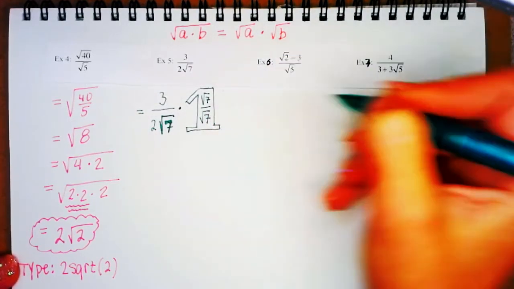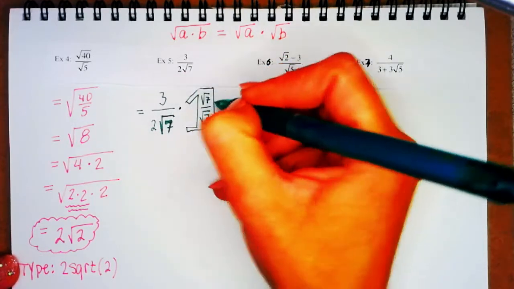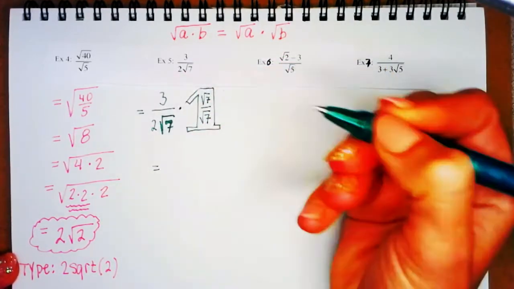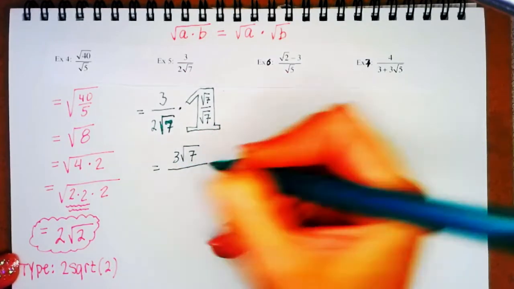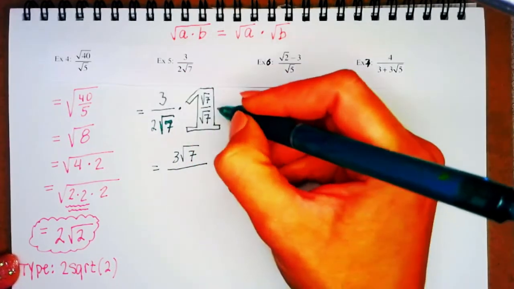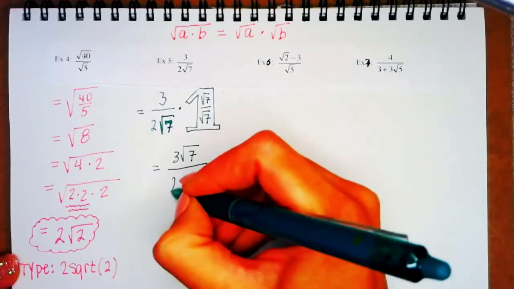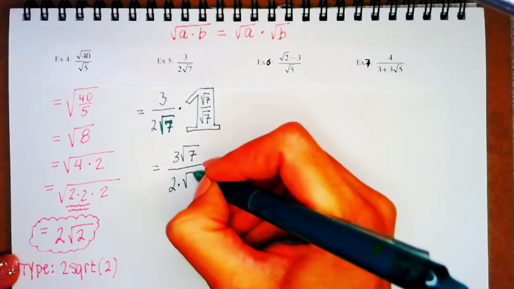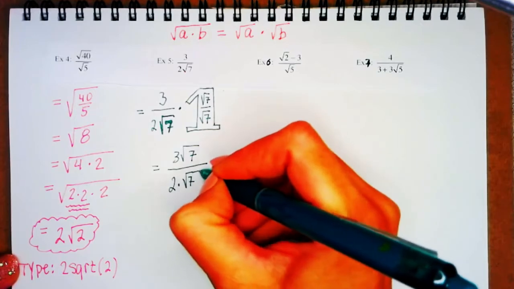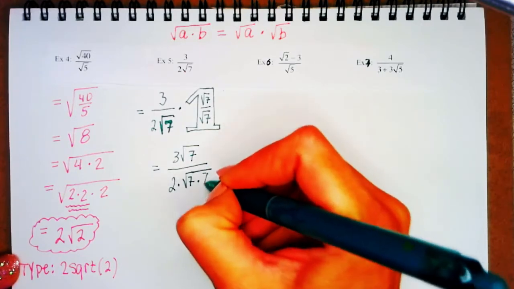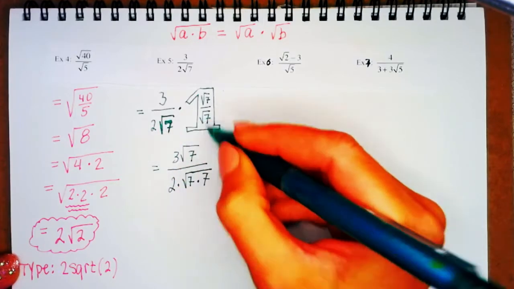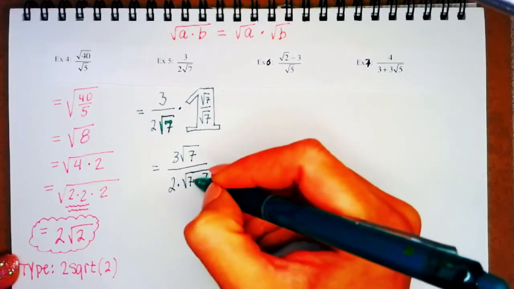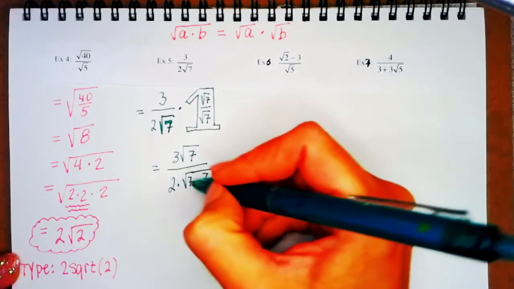That's no different. Now, what do I get in my numerator? Well, 3 times square root 7 is just 3 square root 7. Nothing to do there. In my denominator, I have 2 times the square root of 7 times the square root of 7, which is the square root of 7 times 7. The product of 2 square roots is the square root of the product, but we know what the rule is.